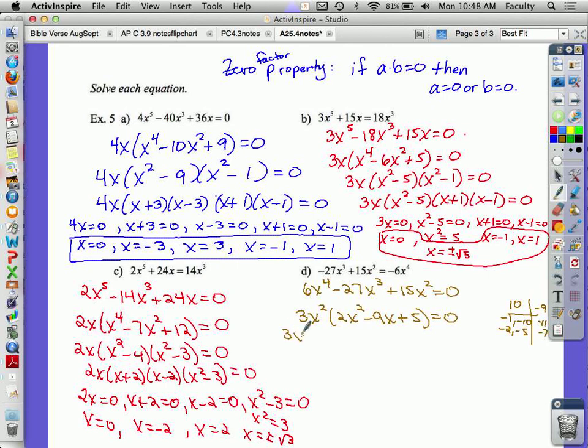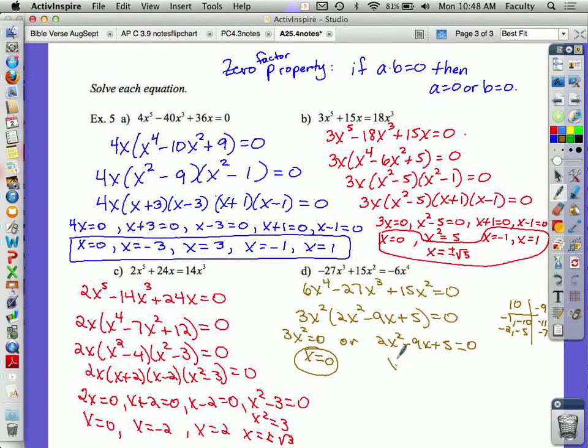I'm going to set 3x squared equal to 0 or 2x squared minus 9x plus 5 equal to 0. So I'm getting x is 0. I don't need to write it twice. That would actually have multiplicity 2. But then what other tool do we have in our tool belts? I think I've got it right here. I have the quadratic formula that will help me solve a quadratic equation that doesn't factor.